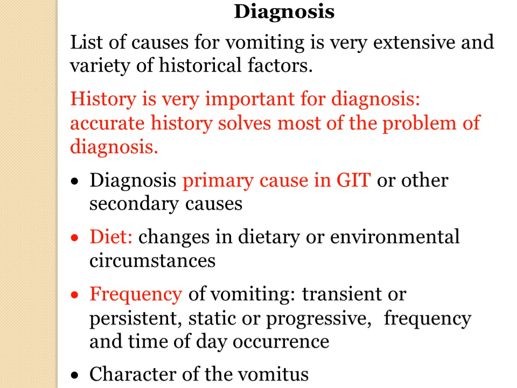Another type of history that is very important is the history of diet. The clinician should ask about the quality, quantity, and time of feeding. Changes in diet or environmental circumstances are another group of etiologies for vomiting.